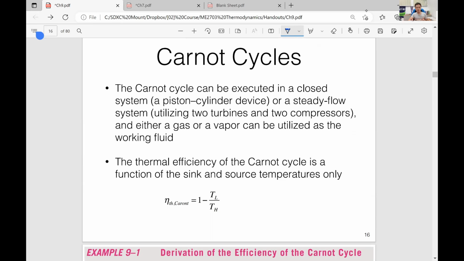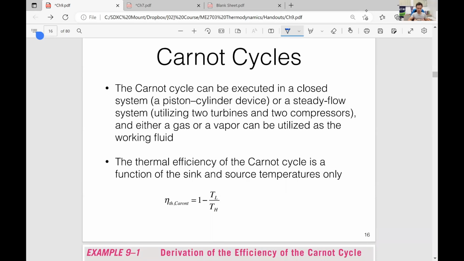And either gas or vapor can be utilized as a working fluid. So Carnot cycle is literally the best. It's universal and it's totally reversible. So it's the most wonderful one. But unfortunately, it cannot be achieved in reality.